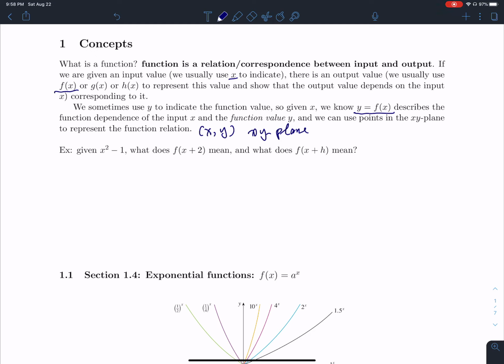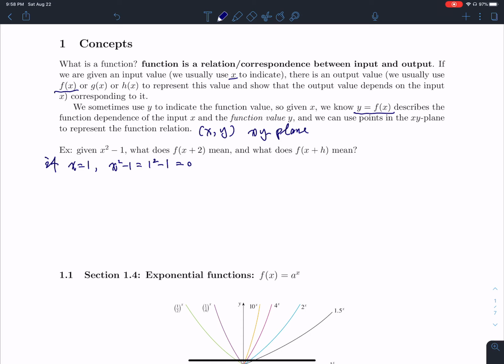All right, so now let's look at this specific example, which is x squared minus 1. So if we let x be 1, the input or the independent variable, and then if you plug that into x squared minus 1, what do we have? We have 1 squared minus 1, which is 0.